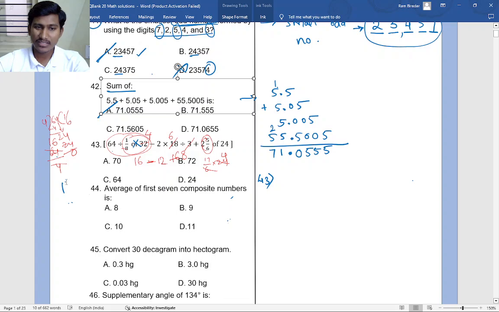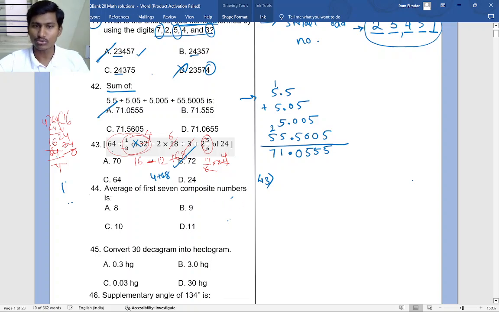So 16 plus 68, what will be the answer? Then you have to minus 12 from that, or you can do it directly from the right side if it is possible. So 16 minus 12 is 4, so 4 plus 68 is how much? That is 72. So which option? Option B will be the answer.